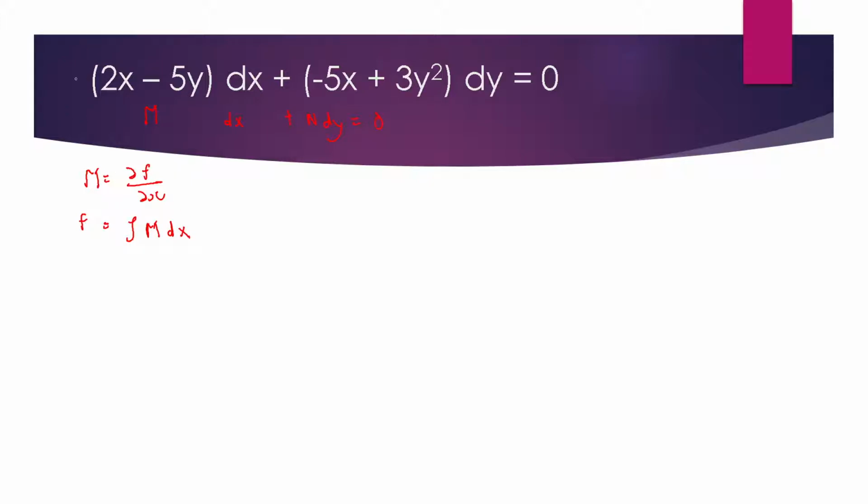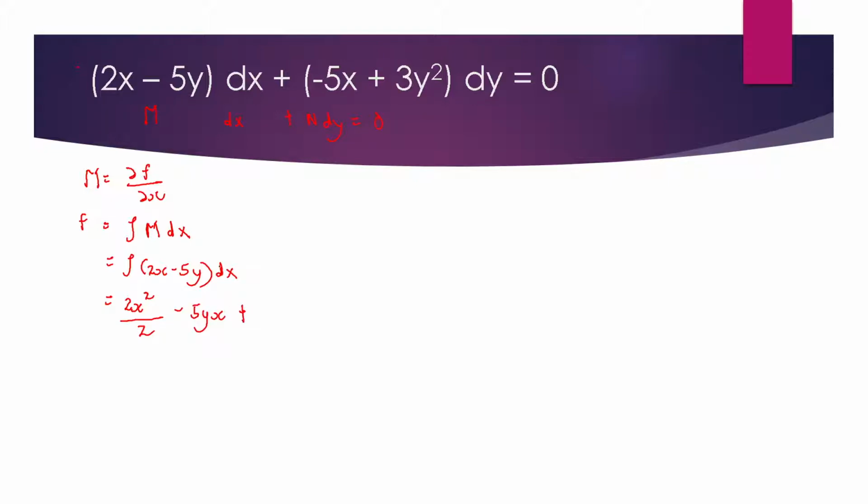The first term, you integrate 2x minus 5y with respect to x. Please take note, this is partial integration. When you integrate with respect to x, y is constant. Integrating 2x with respect to x: x power 1, 1 plus 1 is 2, then divide by 2. Integrating a constant with respect to x gives the constant, which is 5y, multiplied by x.